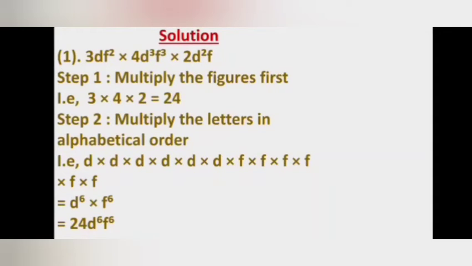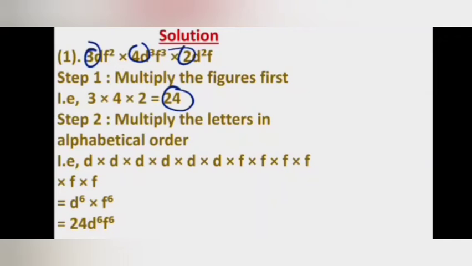We have some steps to make it easier. Step 1, multiply the figures first. You can see the figures: we have 3, 4, and 2. You multiply that, and that gives you 24.